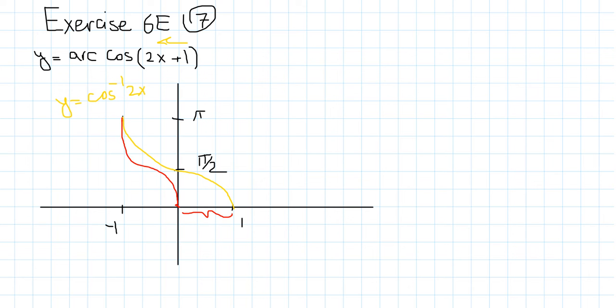For this, I have another way. The domain of cosine inverse should be restricted: it should not be smaller than minus 1 and not bigger than 1.